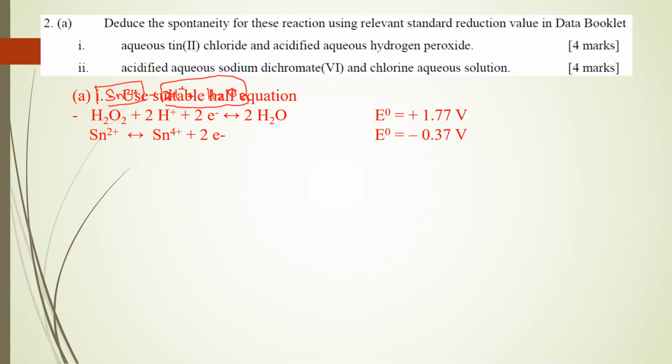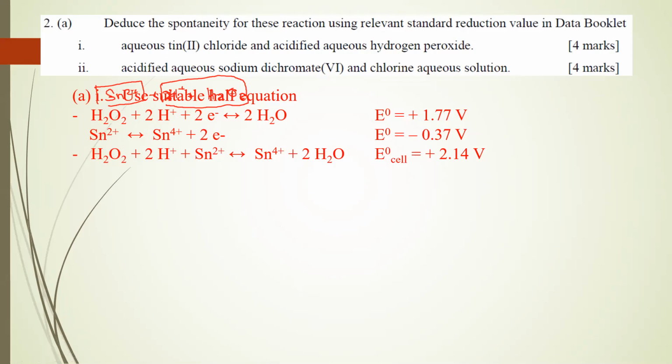When you choose the suitable half equations, one equation must be at the left side, another equation must be at the right side. So try to bear that in mind. Then you write the half equations in here and the overall E°cell value. For me, this is just the way of finding the suitable half equation. So you need to practice as much as you can. Okay, so that is for 2A1.